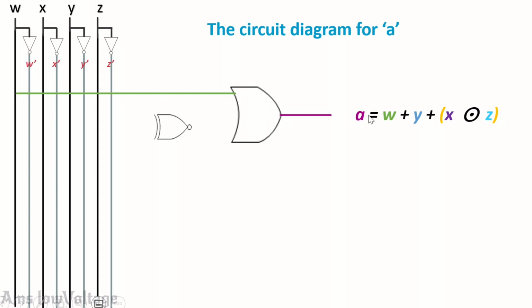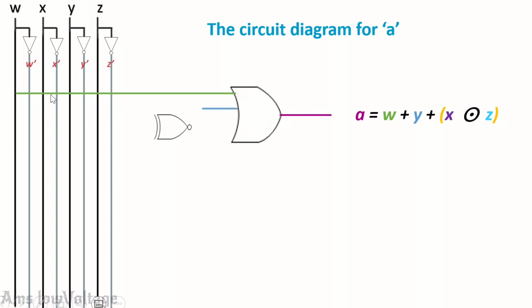And from the equation, for a equal to w plus y plus x NOR z, I'm connecting exactly according to the equations. So w is already connected to w because w's value is 1.